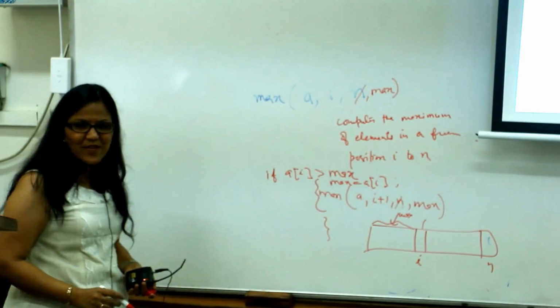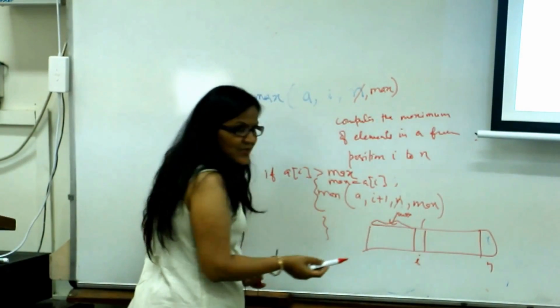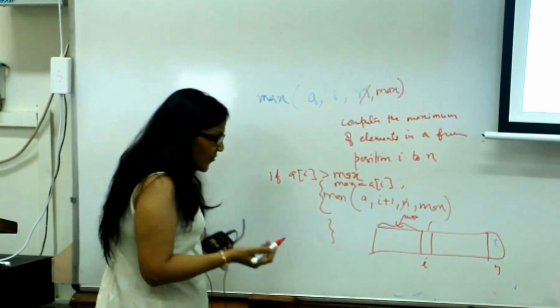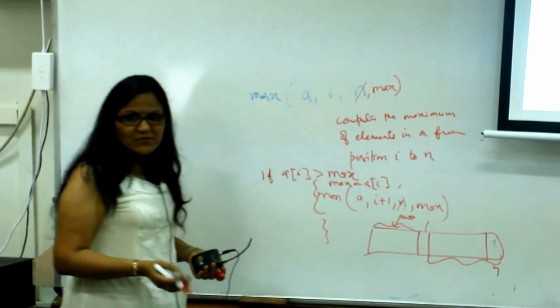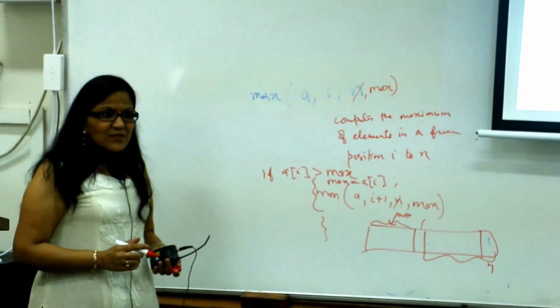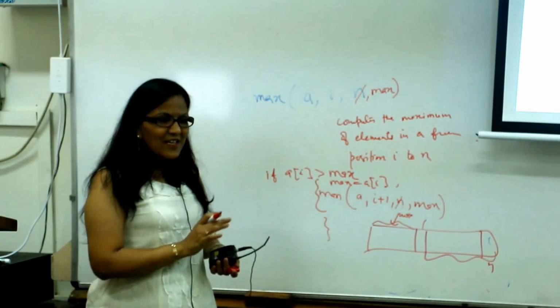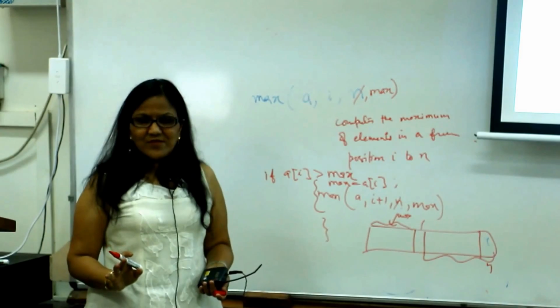Somebody has given you this max. If A[I] is greater than max, then set max equal to A[I]. If not, just do the same thing from here to here. So this is not recursive. The algorithm idea is okay, but it is still iterative.